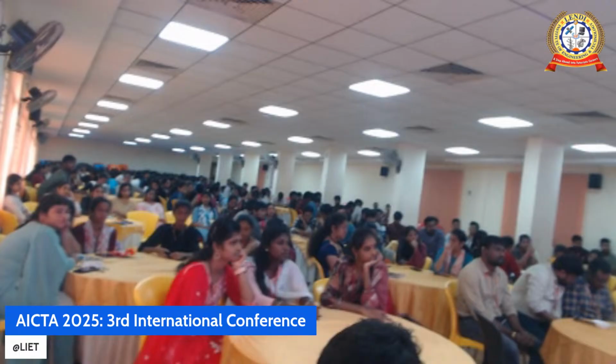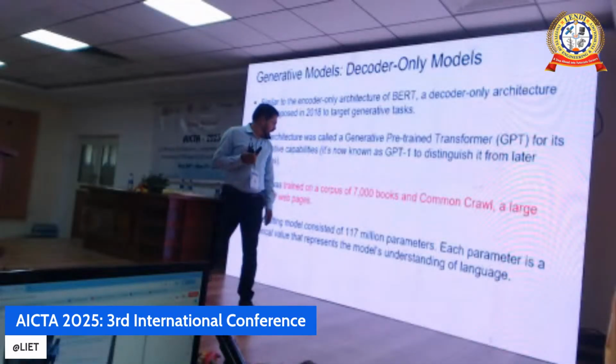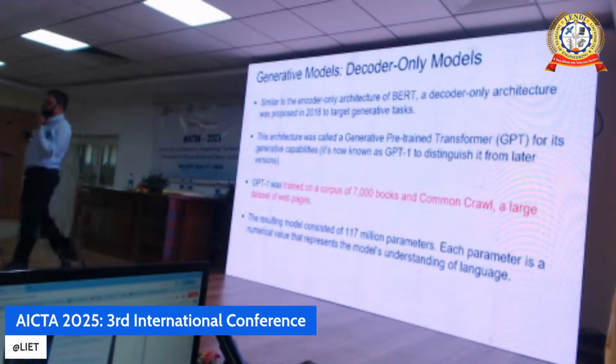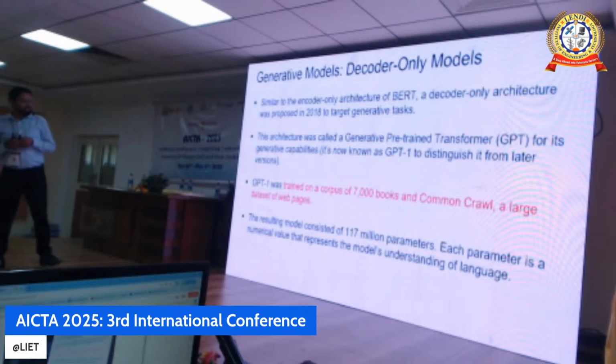GPT is trained on a corpus of 10,000 books and Common Crawl, a large data set of web pages. Can you train? No. In-house you can't train. What you can do is use the pre-trained models that are available. Take that and use it for your specific task.